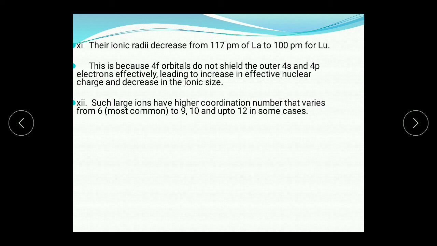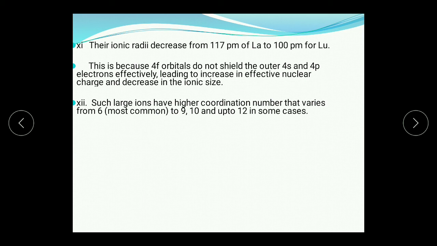The ions of f-block elements are larger in size. So if you see the 100 picometer size of lutetium and the 117 picometer of lanthanum, this is a relatively larger size. Because of this larger size, these ions have the capacity to attach more atoms to form a complex.